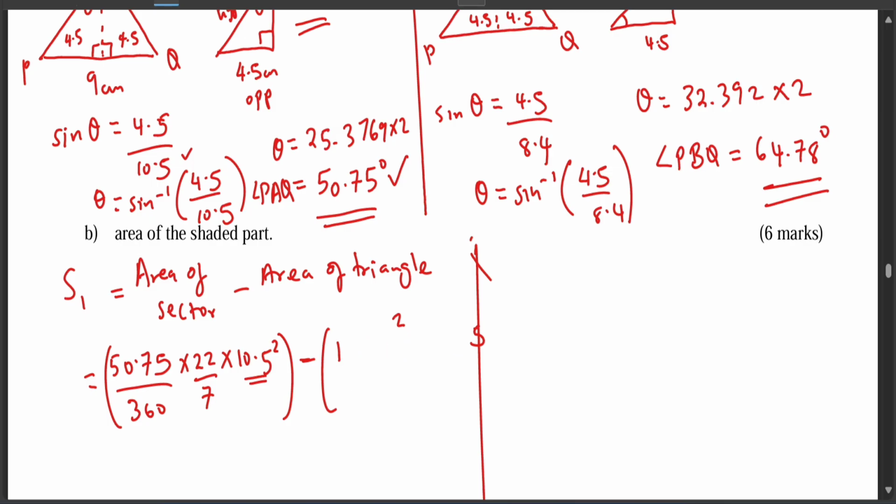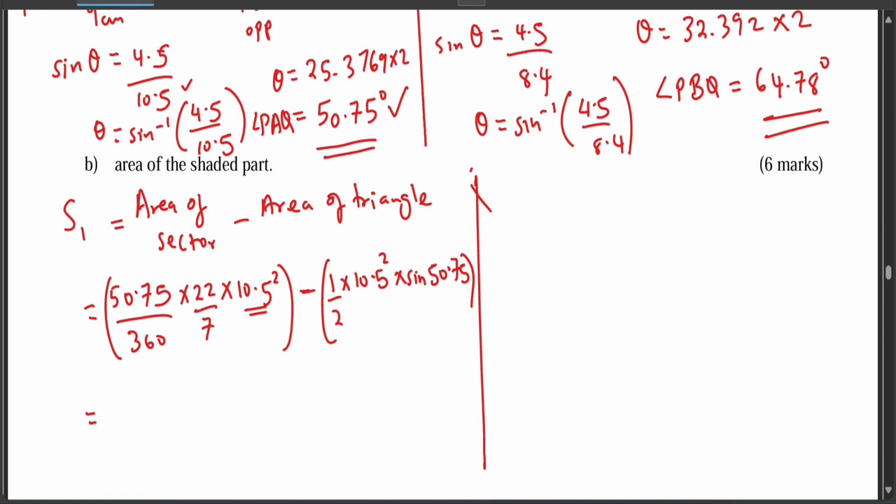So let me just write it well. So it's a half times 10.5 squared times sine 50.75. So let's just insert that. 50.75 divided by 360 times 22/7 times 10.5 squared, which gives us 48.84. I'm writing many digits, I can write all of them if I want.